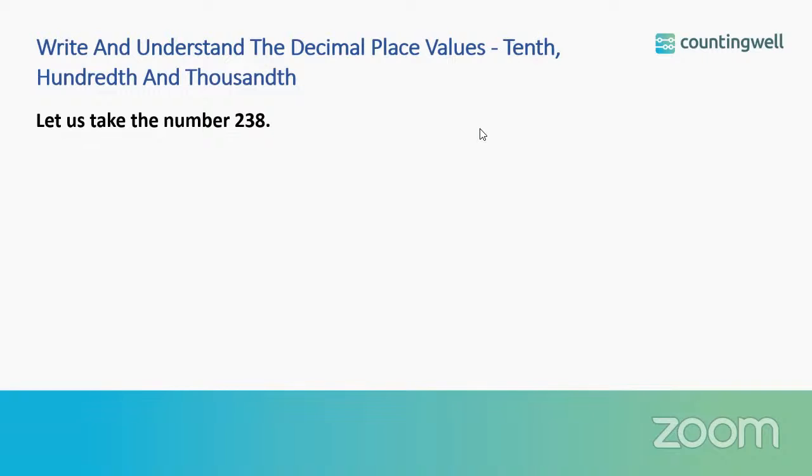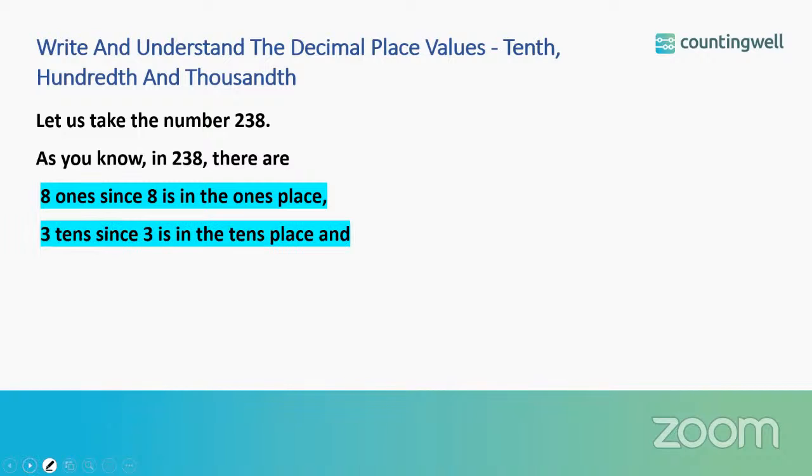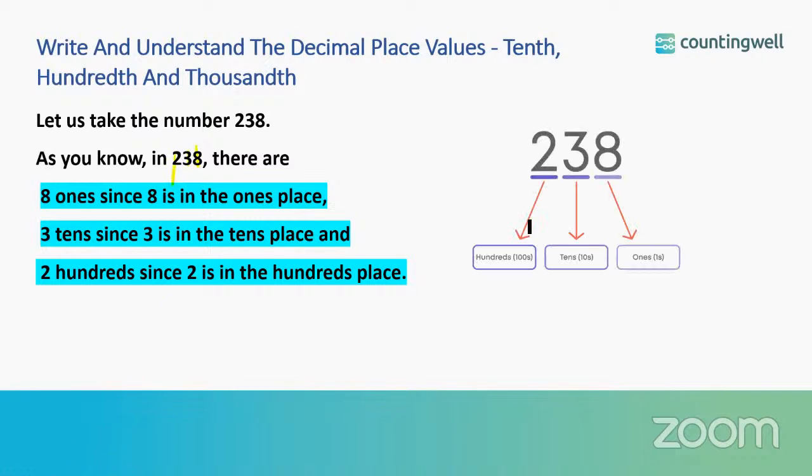To understand this properly, let us take the number 238. In 238, there are 8 ones, 3 tens and 2 hundreds, because 8 is in the ones place, 3 is in the tens place and 2 is in the hundreds place. So this is quite simple.